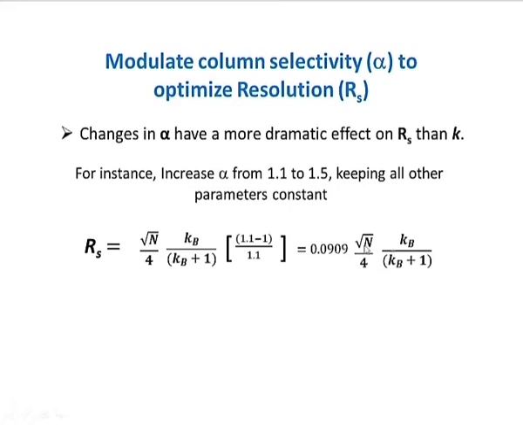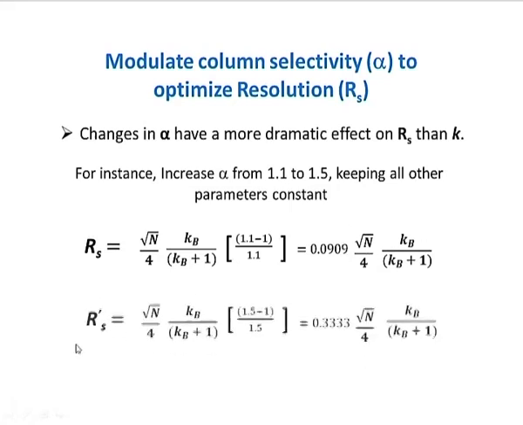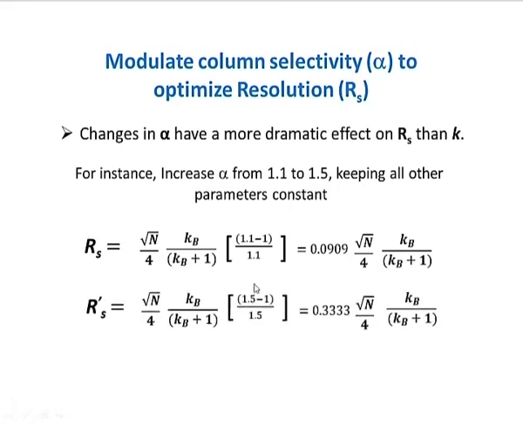times all the factors remaining constant. Okay. In the second case, you change this value of alpha from 1.1 to 1.5, not a huge change, right, but once you see the resolution, it turns out to be 0.33 times all the factors keeping constant. What does it mean?